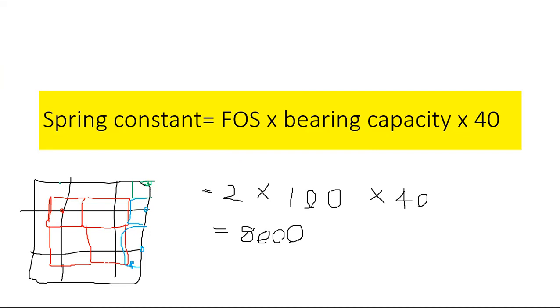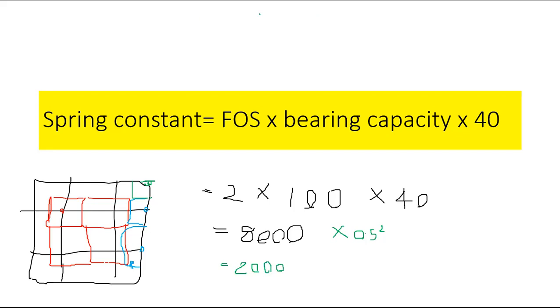So this is 0.5, 0.5, as our element size. So that will be 0.5 into 0.5. This is half of 0.5 into 0.5, right? So if you multiply this by 0.5 into 0.5, that will be 2000, right?